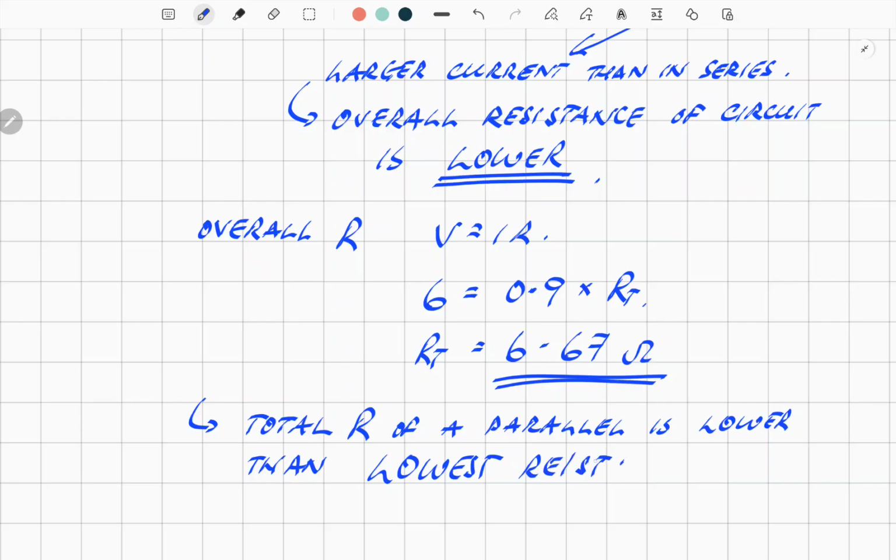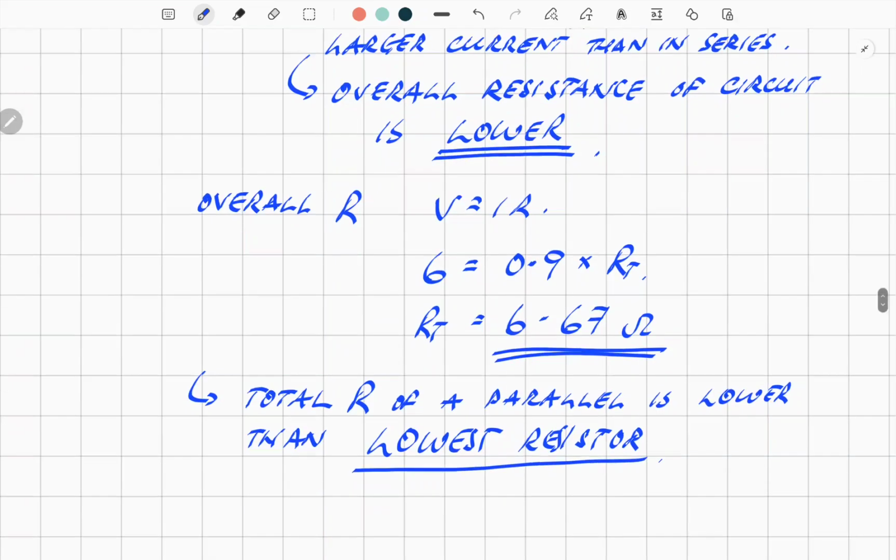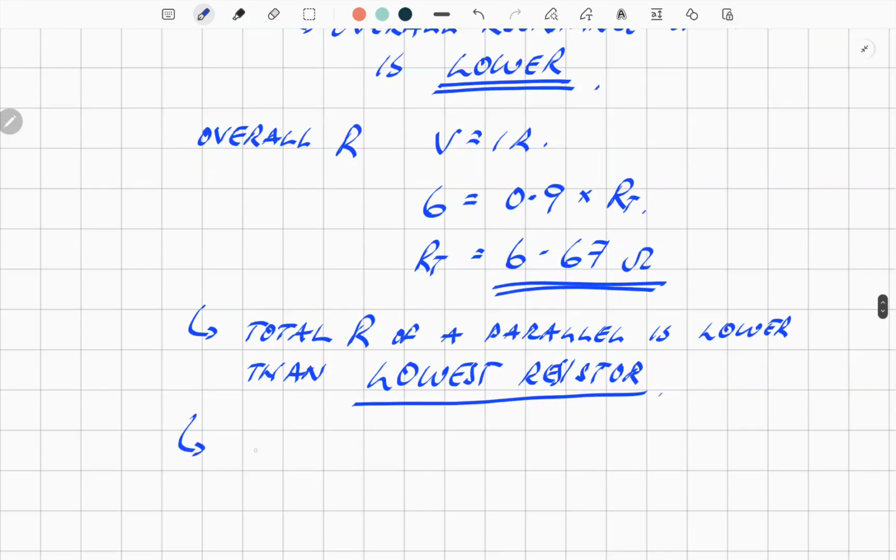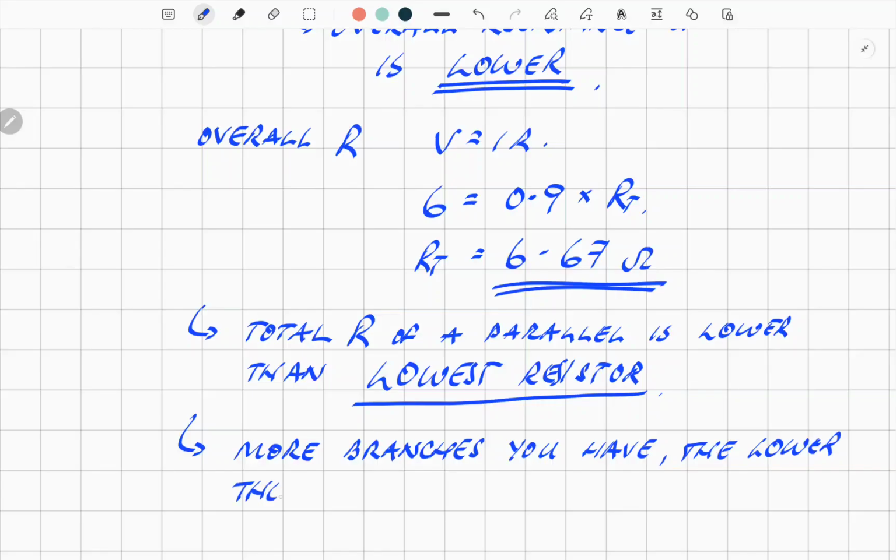So the more branches you add, even though you're adding another resistor, the more branches you have, the lower the resistance. Does that make sense through what we've done?